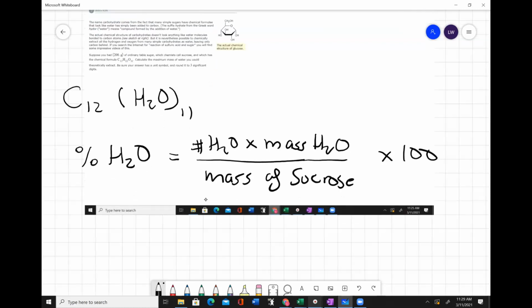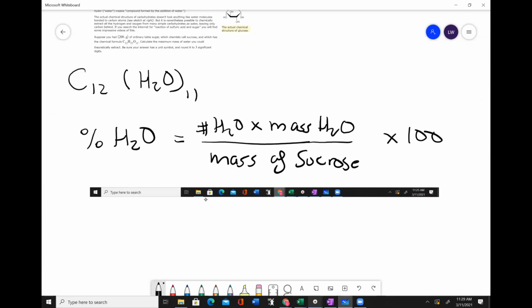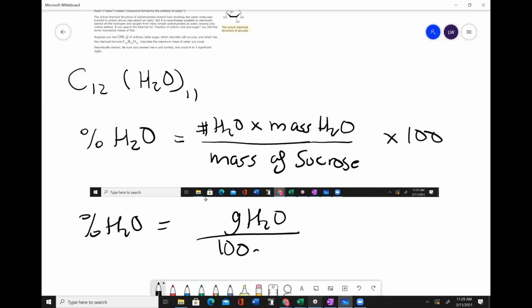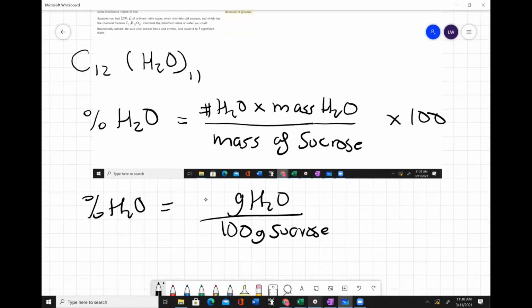That'll give us the mass percent water. And of course, the mass percent water is just the grams of water that are in 100 grams of sucrose. Once we've got that, we'll be able to use that as a conversion factor.